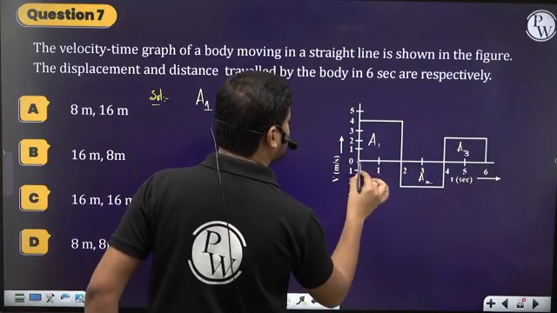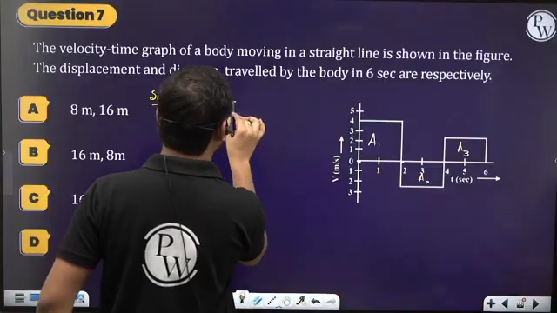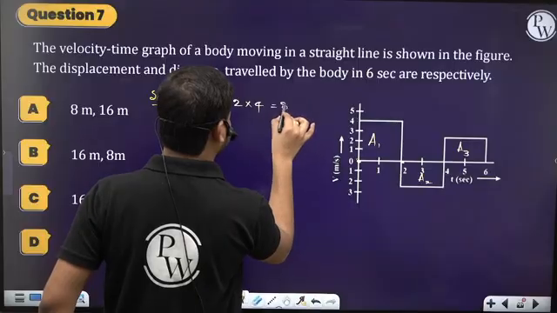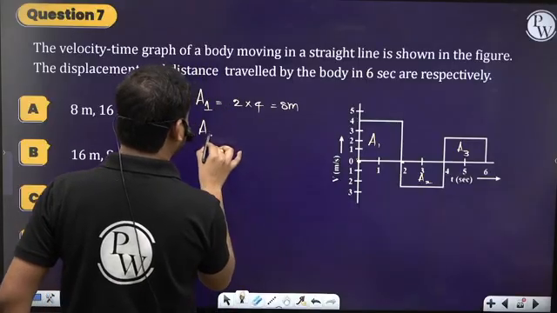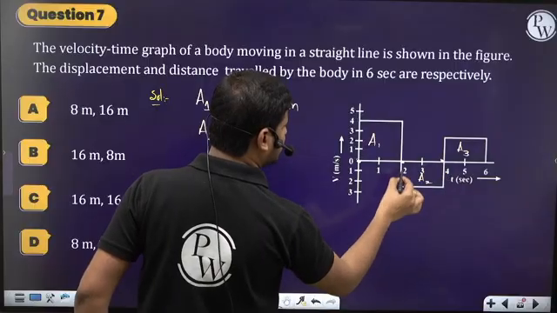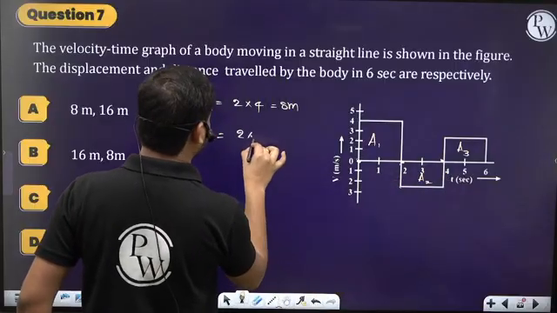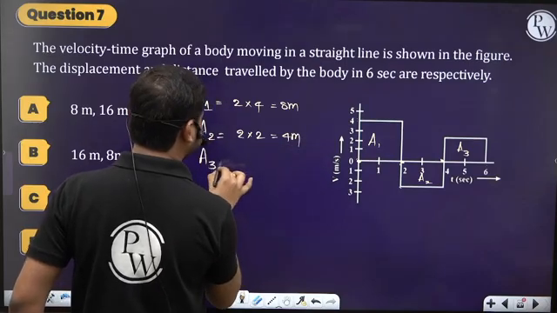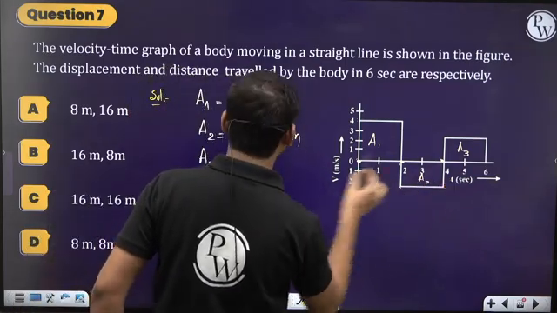Area 1, how do you find it? From here to here, length is 2, breadth is 4, 2 into 4, 8 meters. Then find area 2. From here to here it is 2, and from here to here it is also 2. So 2 into 2, 4 meters. And then A3, 4 to 6, which means 2.